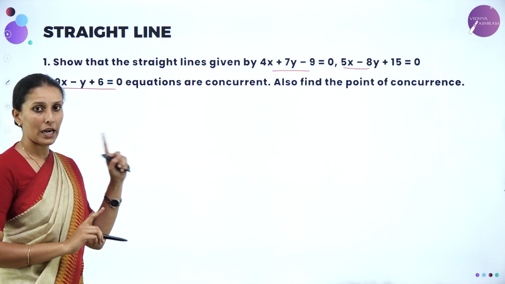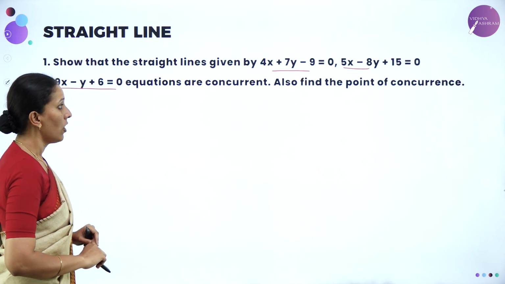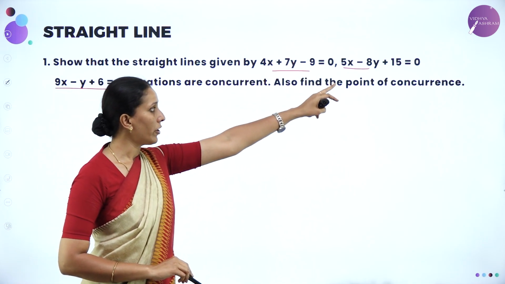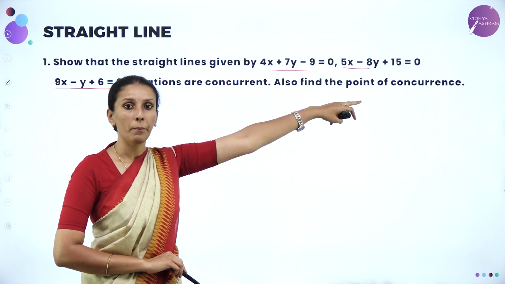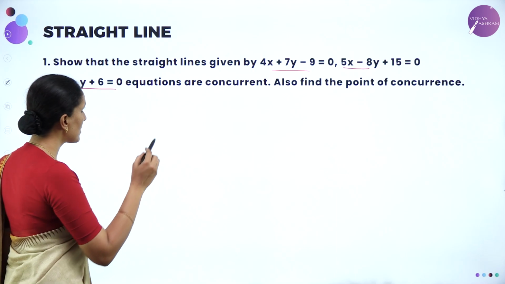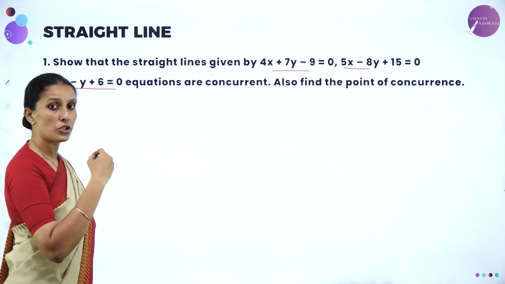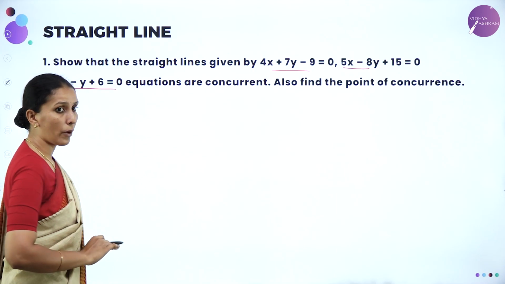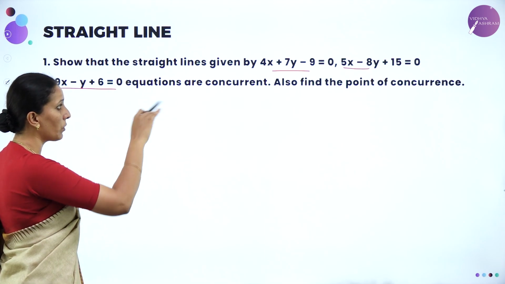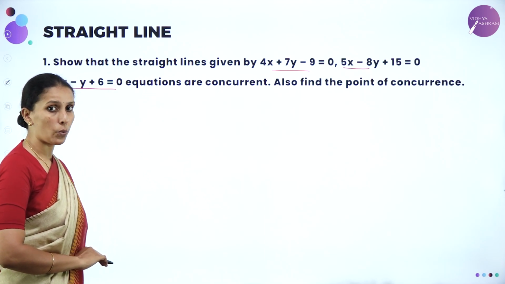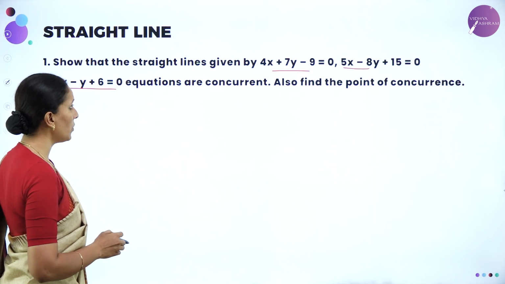In that case, we can directly say they are concurrent. Also, by finding the point of intersection, we also find the point of concurrence. Now, let us solve any two equations. You can choose any two equations to find the point of concurrence and then substitute that point in the remaining equation to show that it is equal to 0.